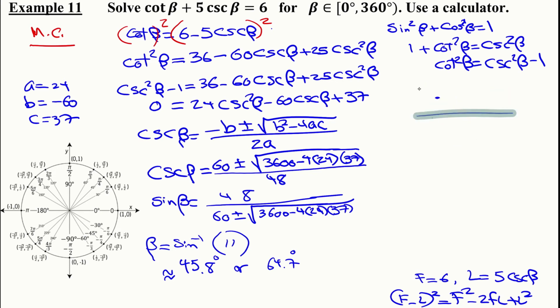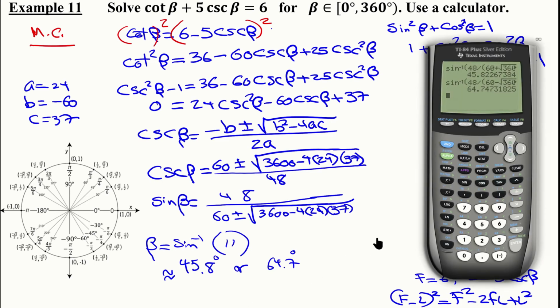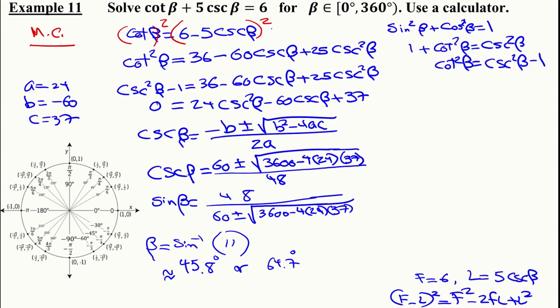So let's go ahead and get rid of this and go back to our work. So that means each of these is going to have a corresponding angle in the second quadrant, which will also have a positive sine value. So we'll go ahead and bring the calculator back, and we'll calculate 180 minus 45.8, which gives us 134.2.